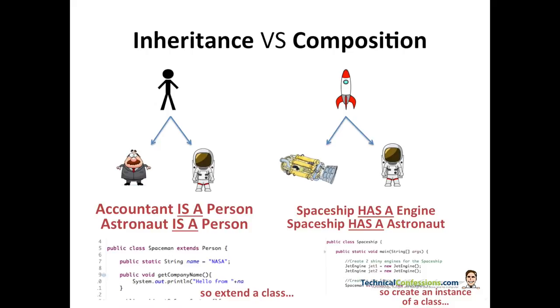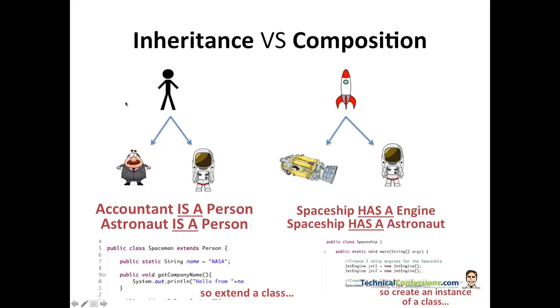And when you consider two classes to have that relationship of is a, the best practice would be to extend that particular class. So when you extend that, you can inherit the variables from the superclass to be used by the subclasses associated to it.